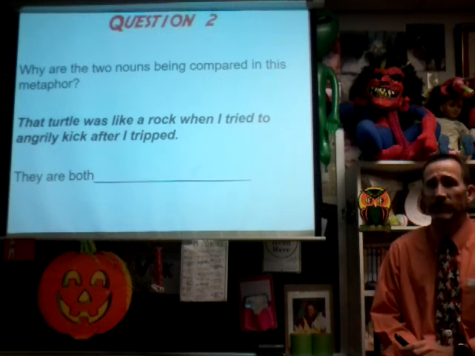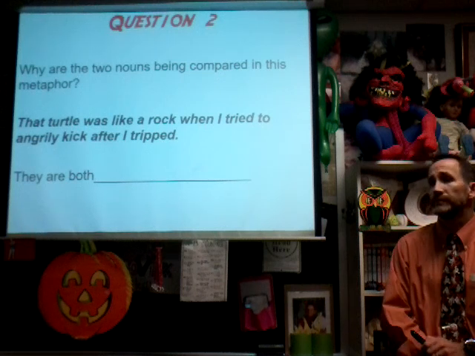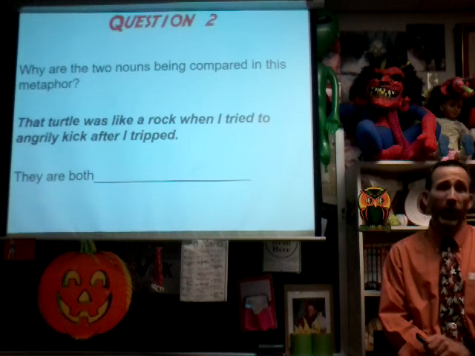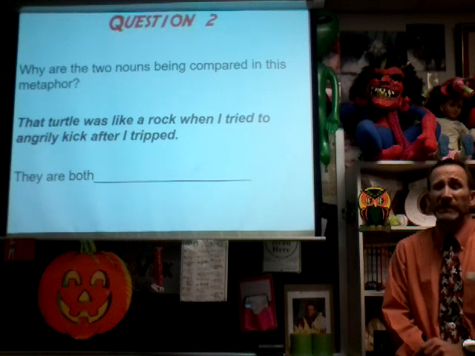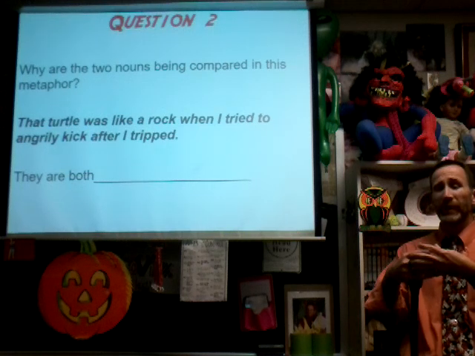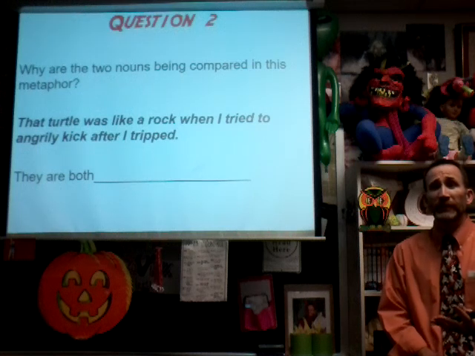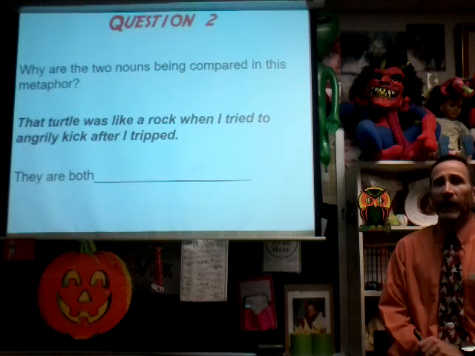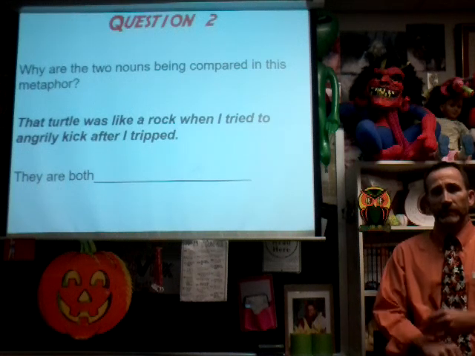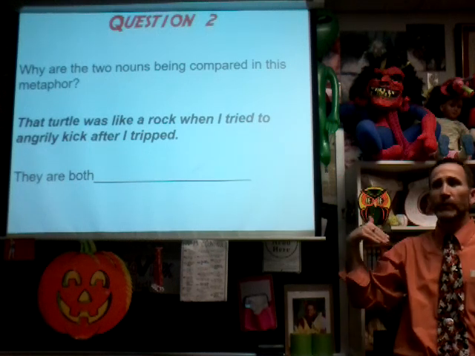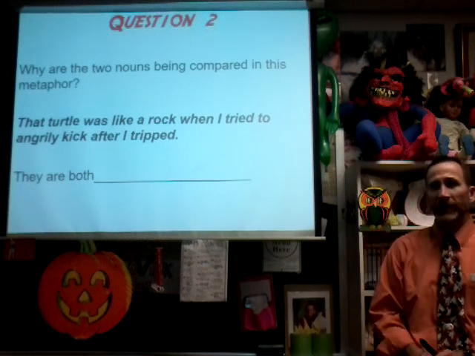What if you said they're both not moving? I'd probably give you one of the 2 points, because again, you're at least finding a reason why they're being compared, but it's not the best reason. Can you put heavy? Here's part of the issue we found on the iLearn test, and the reason kids didn't do well on it: they give you a lot of questions where there are multiple answers, but they always want the best answer.